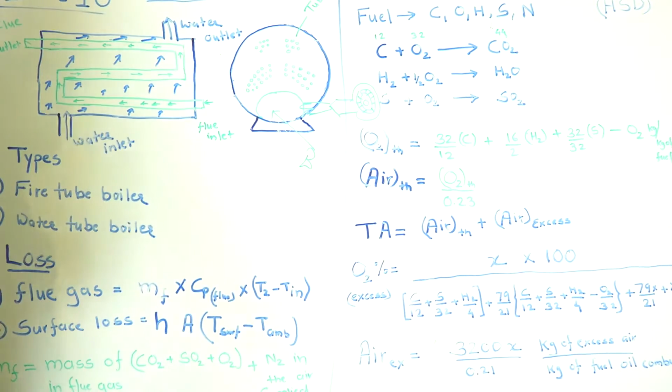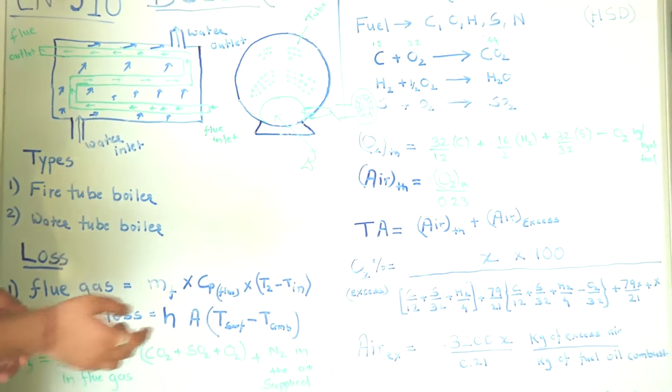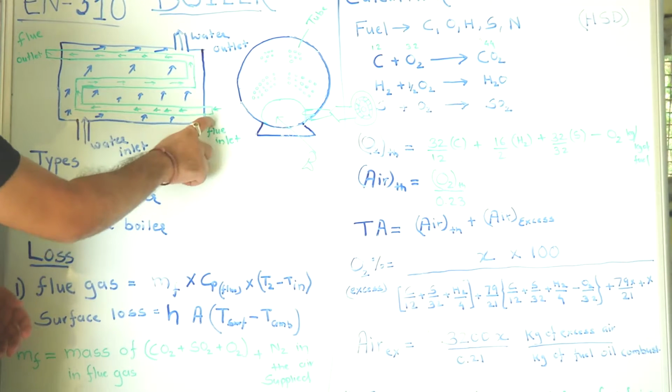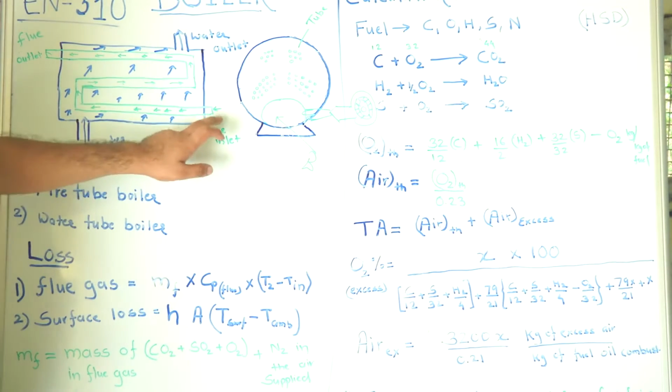This is the burner, and the burner is used to ignite the fuel. After ignition of that fuel, we will get flue gases at a high temperature, like 170 to 180 degrees Celsius, and they will pass through this tube.